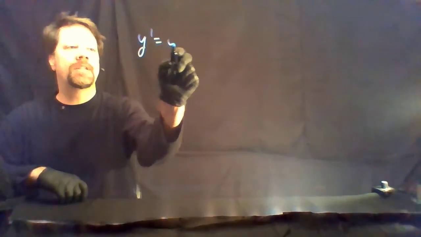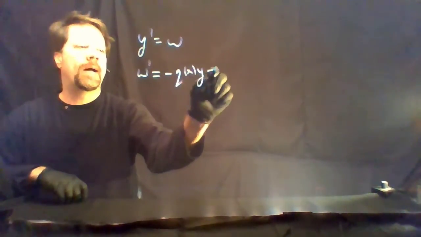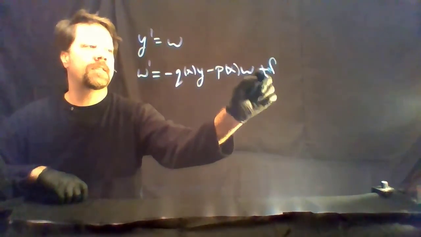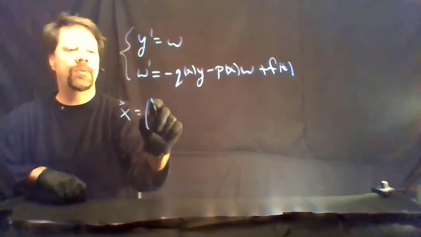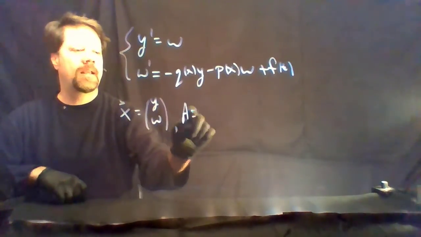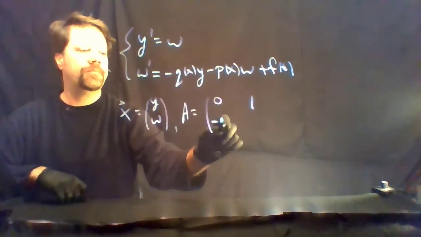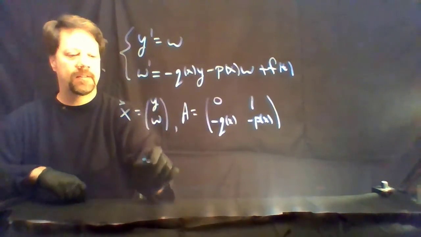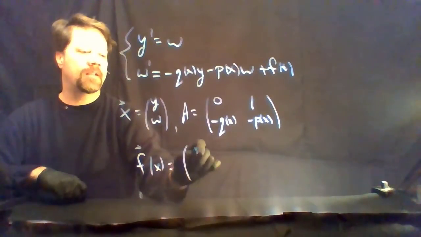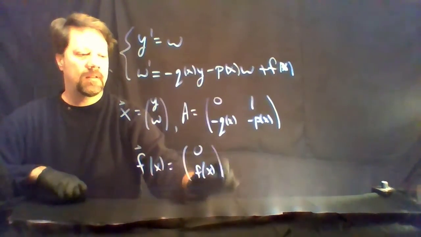With our second order linear problem, where we had y prime equals w, w prime equals minus q of x y minus p of x w plus f of x, we can write this with x equal to the vector y, w, A equal to 0, 1, minus q of x, minus p of x, and F will be 0, f of x.